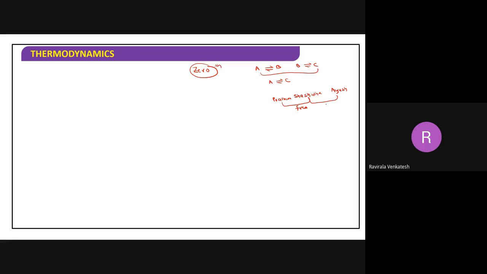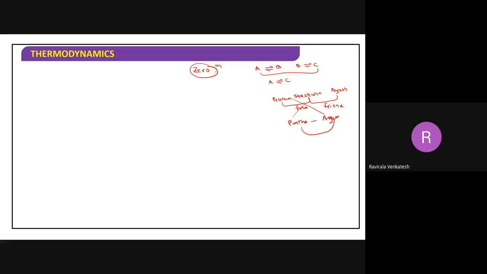And Shashidhar and Ayush are also friends. Because of this, what happened? Prathamesh and Ayush both become friends. Understood better? This is called the zeroth law. When A is in equilibrium with B, B is in equilibrium with C, then A is in equilibrium with C. This is an example like that.